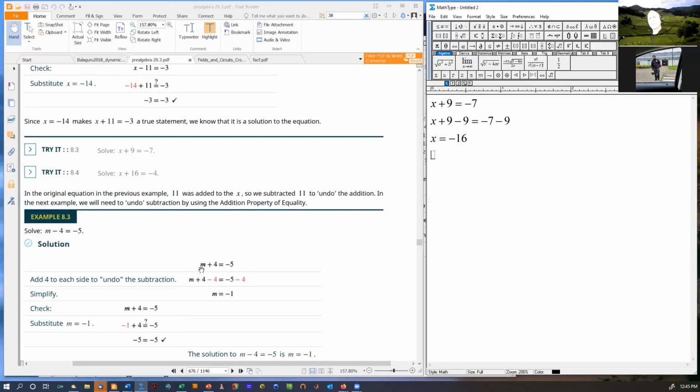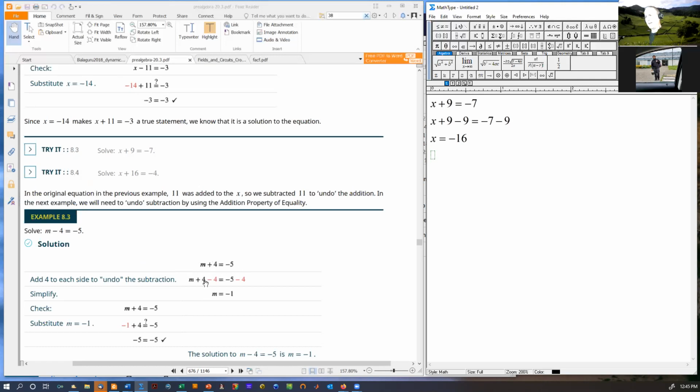They've screwed this example up. Oh, okay, this is what they've done. So they've got a typo here. This should be m minus 4 equals -5. Okay, I see what they've done now. So this should say m minus 4 here.